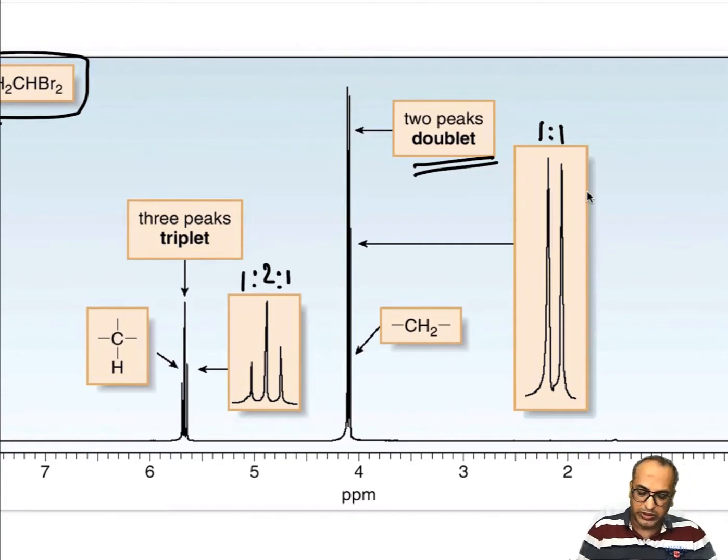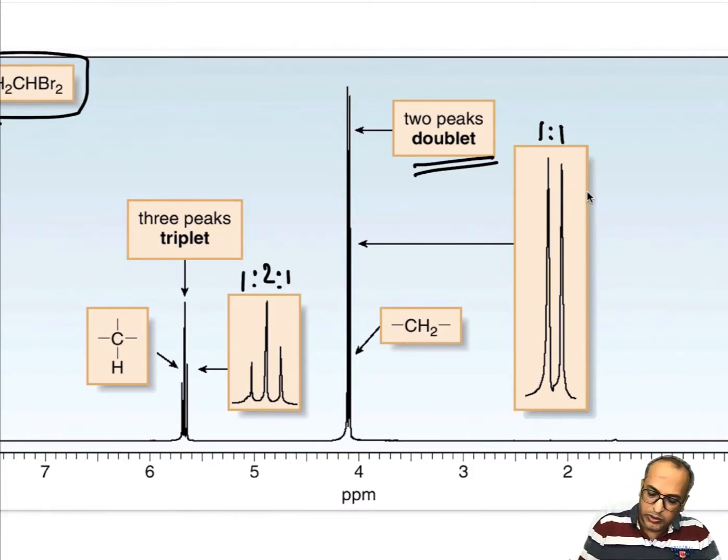We have understood how these lines come up, and this is a very, very important feature because it tells you the number of neighboring protons present in the molecule. For example, because CH2 is appearing as a doublet, I know that next to CH2 is only 1 proton which is splitting the CH2 signal into a doublet, right?